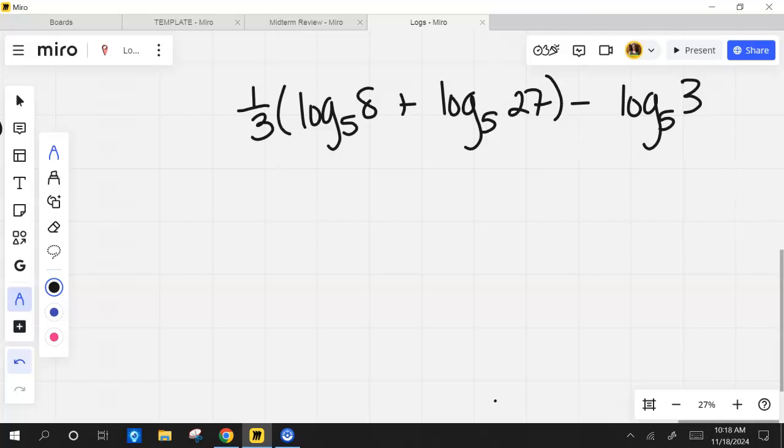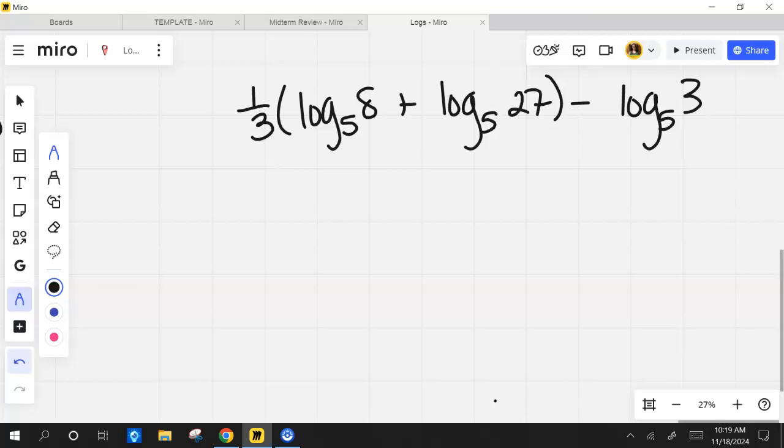So it doesn't matter. Some of you are doing the third root of 8 and the third root of 27.